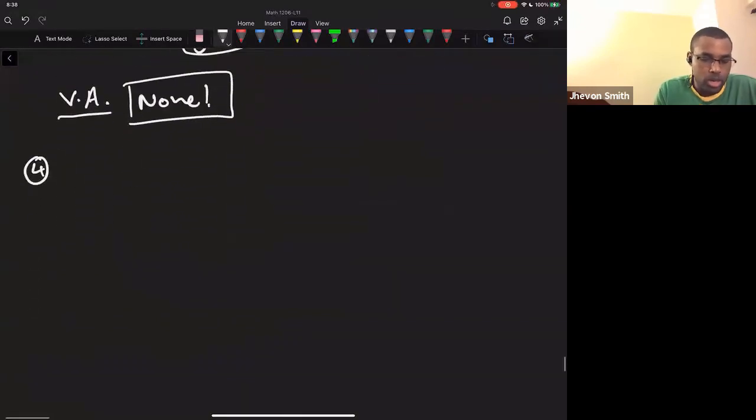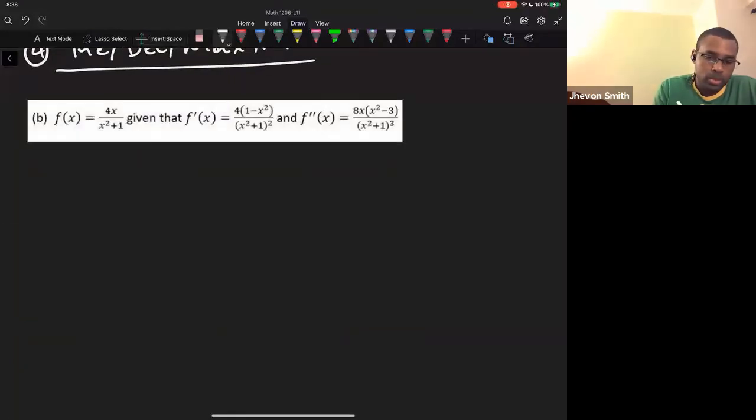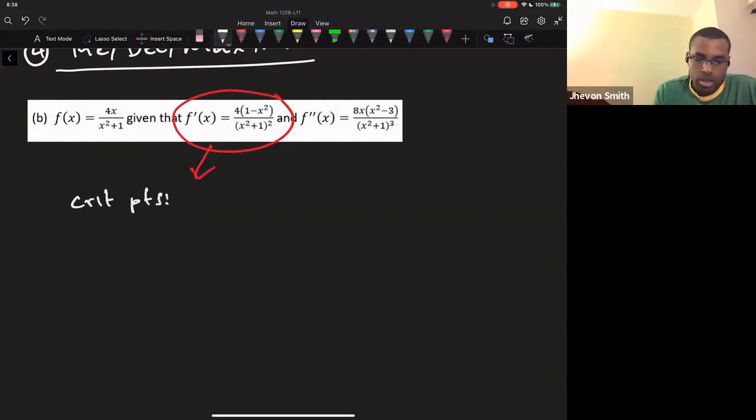4, we can do increasing, decreasing, maximum, minimum. In which case, we're going to look at the first derivative. So we're going to find the critical points. This is going to be x equals plus or minus 1, because that makes it 0.